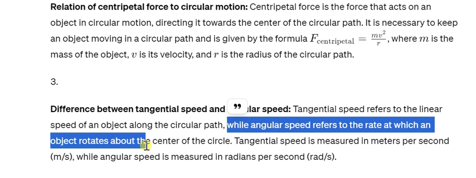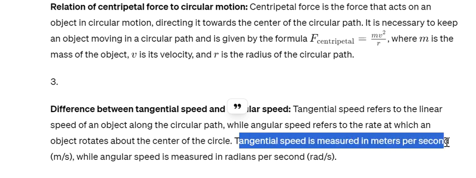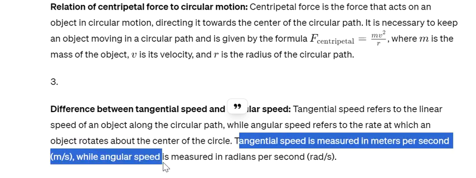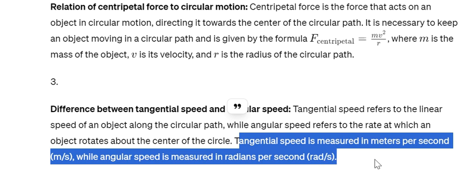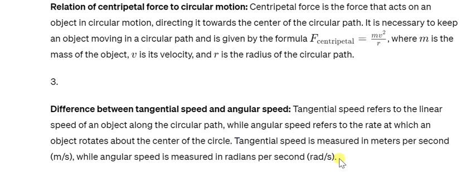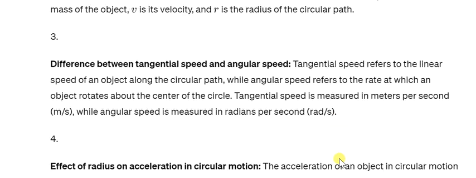Tangential speed is measured in meters per second, while the angular speed is measured in radians per second. This is the basic difference between tangential speed and angular speed.